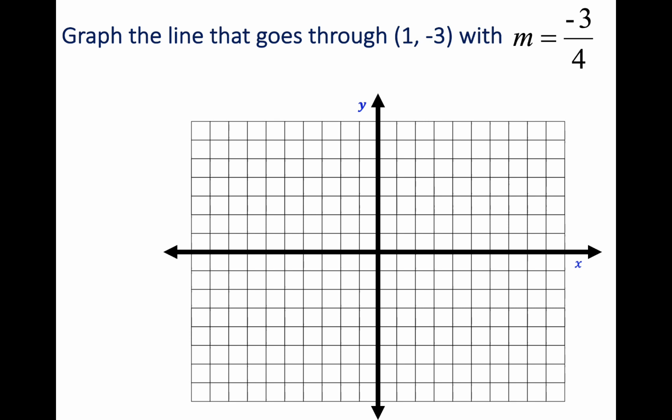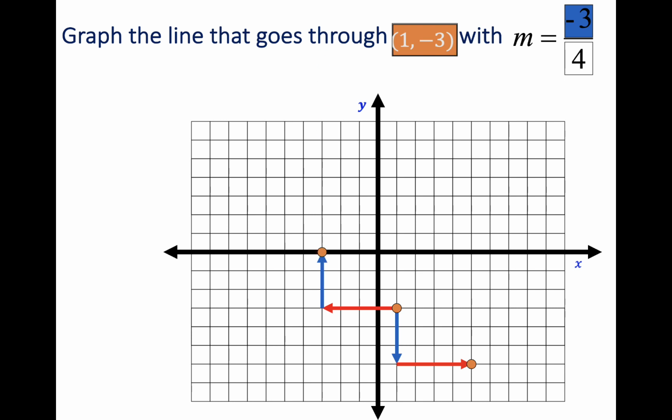Okay, so try natin. We have here the graph of the line that goes through (1, negative 3) with the slope of m equal to negative 3 over 4. Ayan, pwesto ng (1, negative 3). And negative 3, ayun, and 4. Andun yung point mo. Ganun lang din sa kabila.